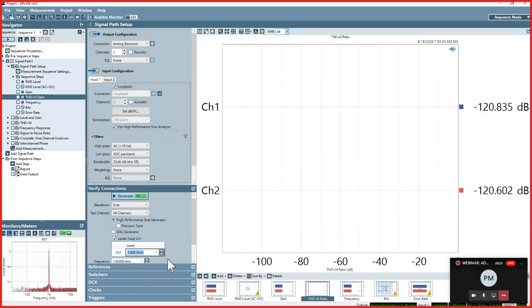So, for example, what I'm showing on the screen right now is actually the analyzer looped back on itself. I do have the devices under test connected in parallel, which is a little tiny bit of an issue. But what you can see right now is I'm generating a pure sine wave out of the analog generator and measuring it with the analog analyzer. And what you can see here, where we're looking at THD+N, is essentially the analyzer's residual self noise and distortion.